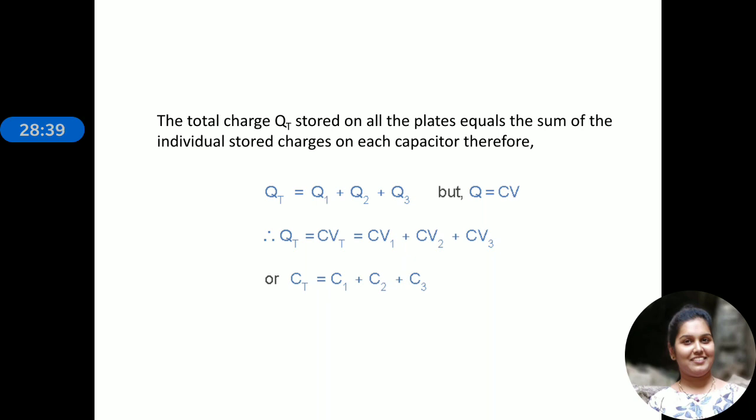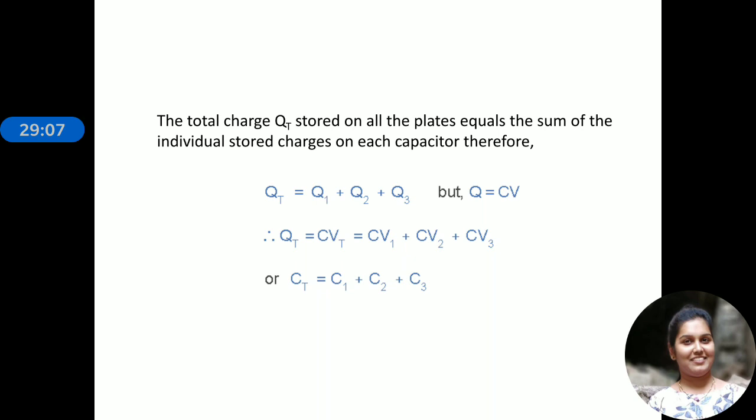That is why this is a generalized expression, which we can use for any number of capacitors connected in parallel. So the overall expression for total capacitance when connected in parallel is the total capacitance CT is equal to C1 plus C2 plus C3 up to n number of connections.